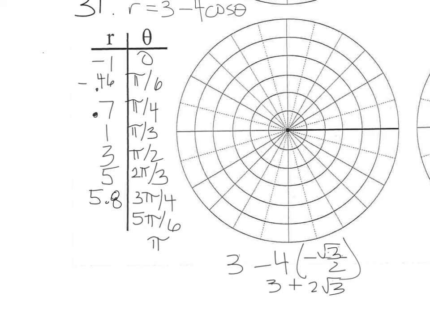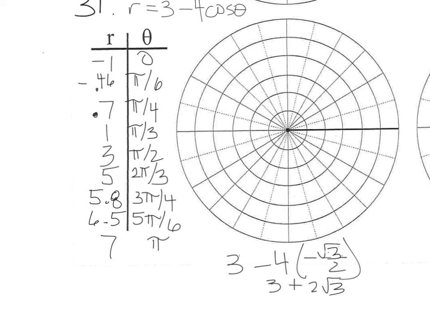And then plugging that in the calculator, 3 plus 2 root 3 gives us about 6.5. Lastly, when we plug in pi, that gives us negative 1. Negative 1 times negative 4 is positive 4, so 3 plus 4 gives us 7. Oops, I wrote 4. I don't know why. Let's change that to a 7.